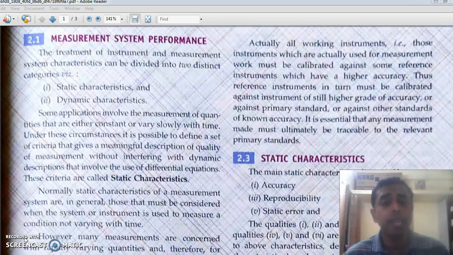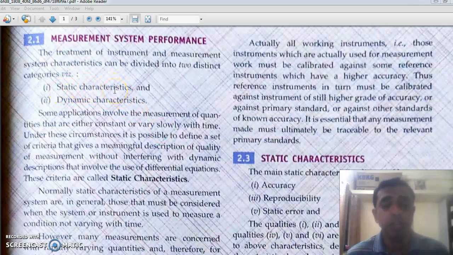Static characteristics pertain to parameters of measuring instruments when the quantity under measurement is either constant or varying slowly with time. So if an instrument measures a quantity which is either constant or varying slowly with time, then the parameters will be described as static characteristics.